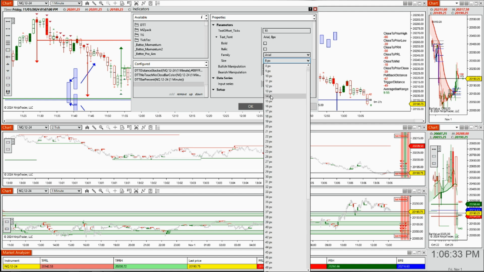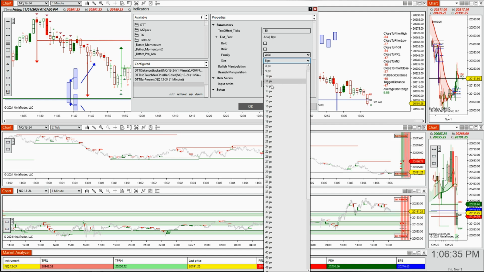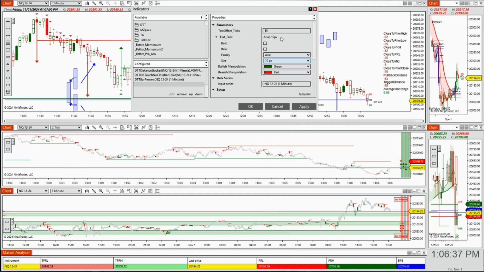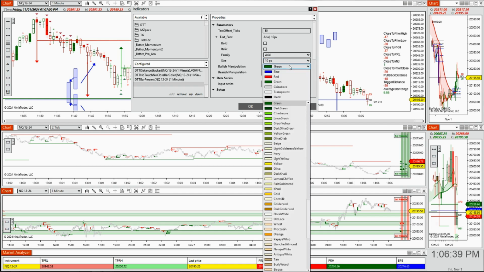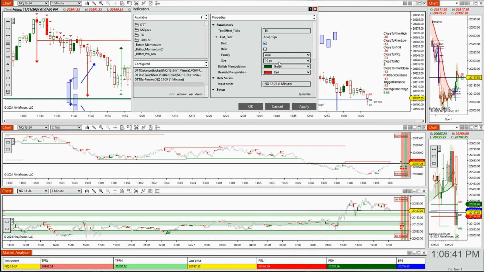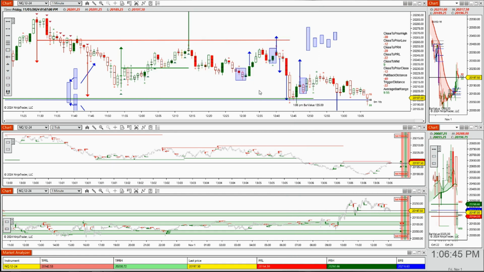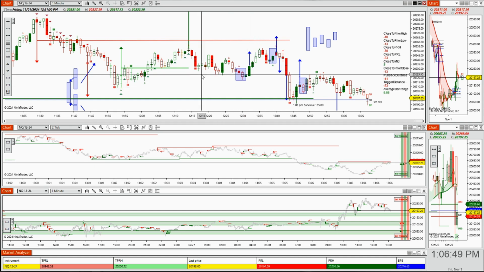It's another indicator that you could use in conjunction with this indicator. Let's make it just a little bit bigger. It's another indicator that I have that plots some other information around it so you'll know what to look for.